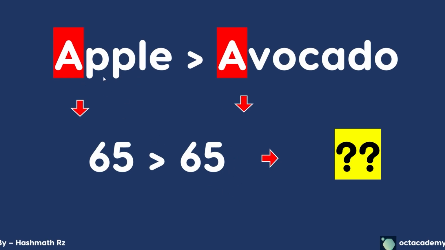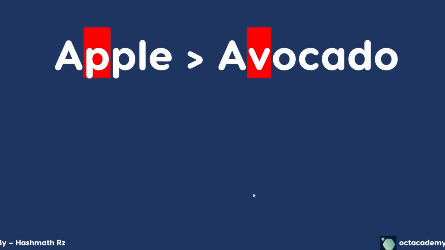Guys, if the first characters of the two strings are the same, JavaScript will look at the second characters that come after the first character and perform the comparison. If in any case the second character is also the same, this will continue to look at the characters in the next position, the third character, then the fourth character, and so on until it finds a difference or reaches the end of either string.